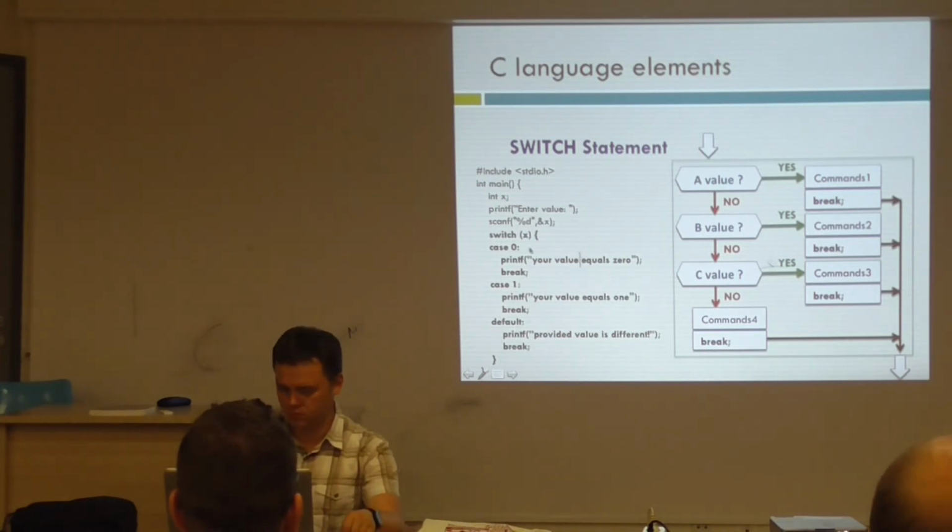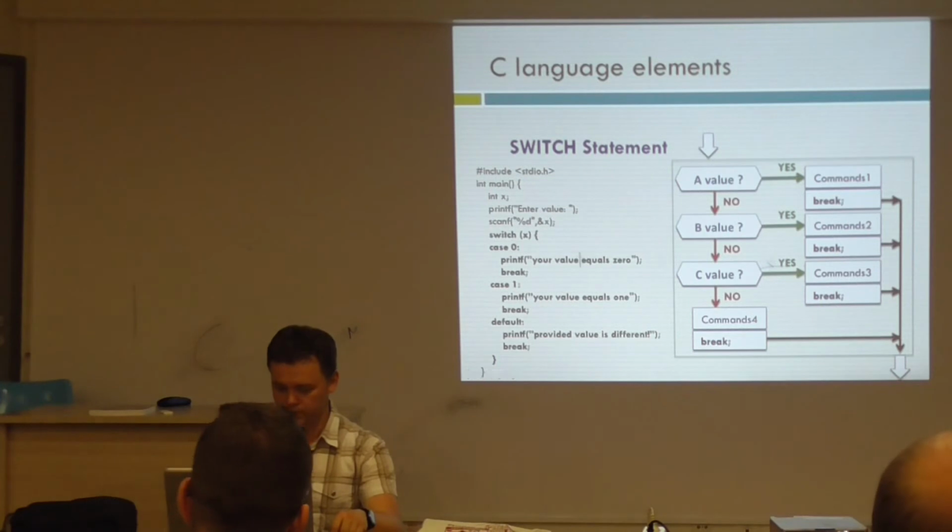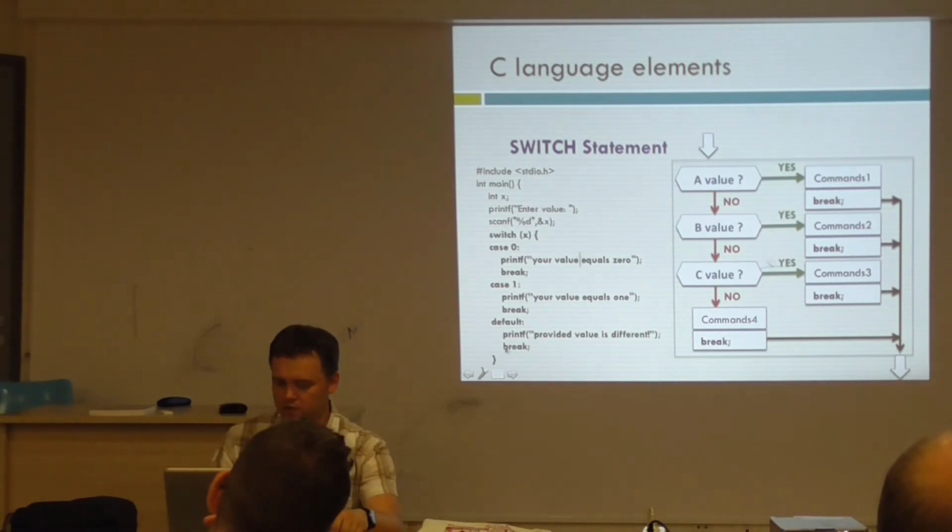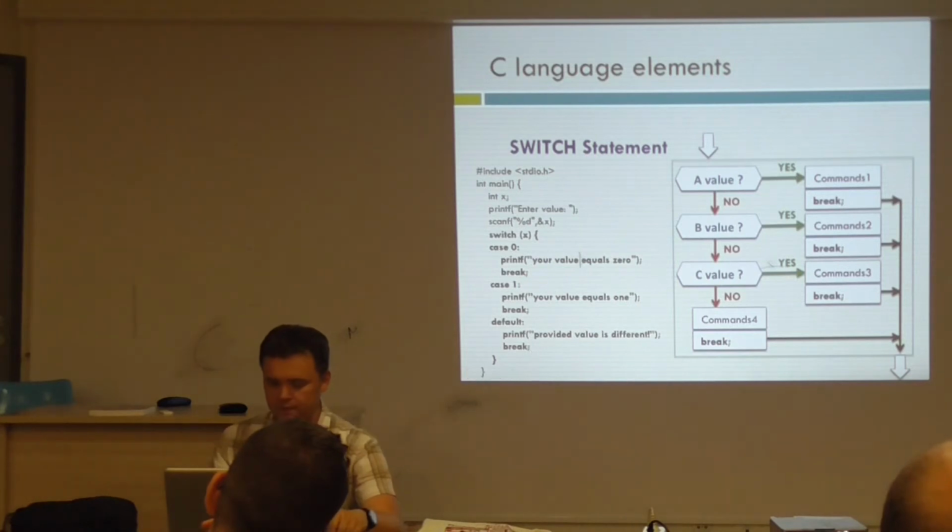And default. Default is like else. Case 0, you can do this and exit from this part. For 1 here, you can exit, and default if it's not 0 or 1. A different value. So we are in default. This break could be added, but it's not needed, okay?